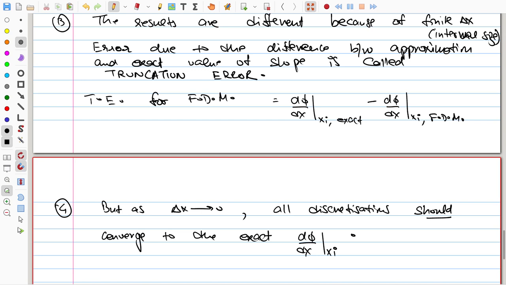Now this may sound very obvious. Of course, that is what we have seen in the forward difference, backward difference and center difference. If you take the delta x limit to 0, they all will tend to the exact slope at the point xi. Well, that is fine, because these are very basic ideas, but what happens is when we propose new methods, we propose discretizations which look quite complicated.